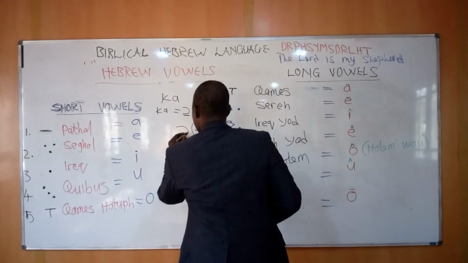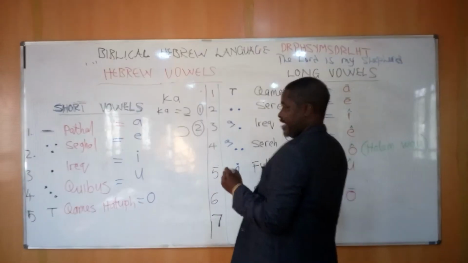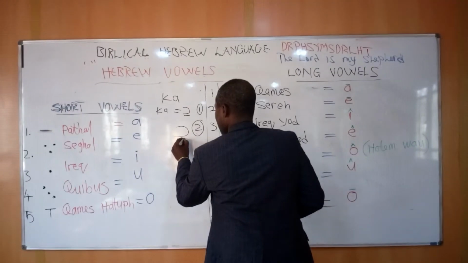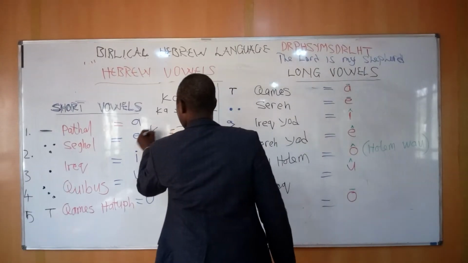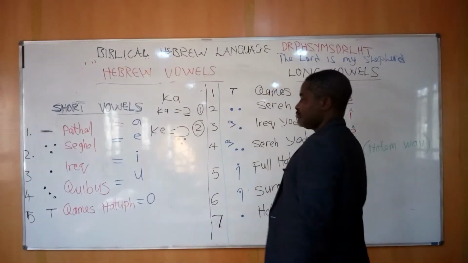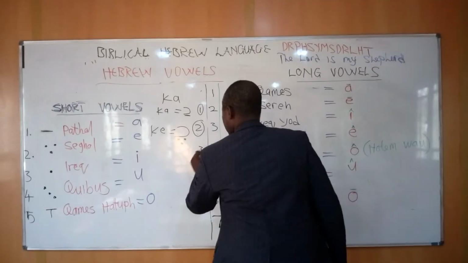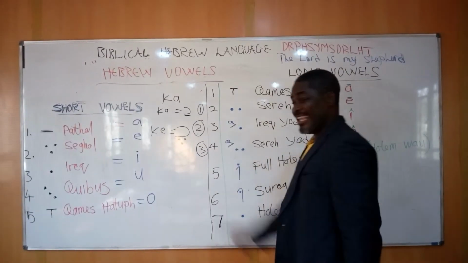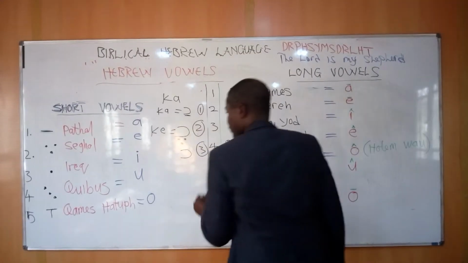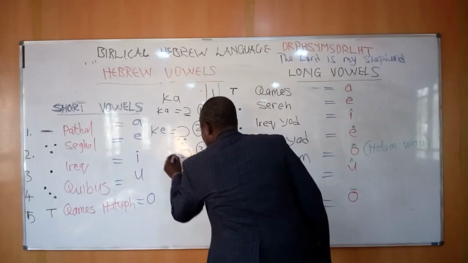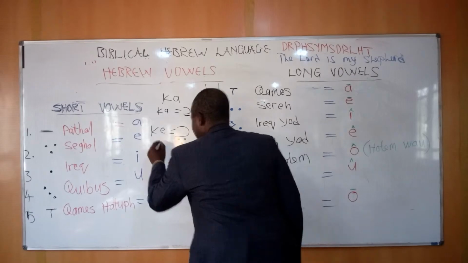Now kaf, the vowel stays under. This stands for number 3. Let us write ke. You still use the same letter kaf. The tsere stays under. So this is what you have as ke.